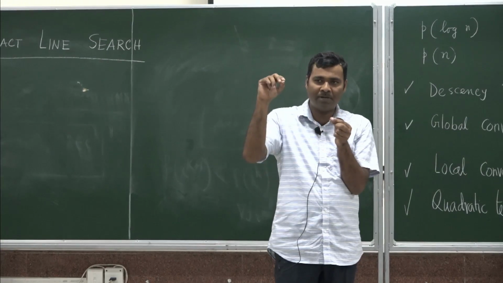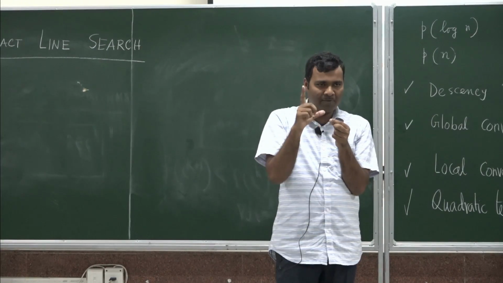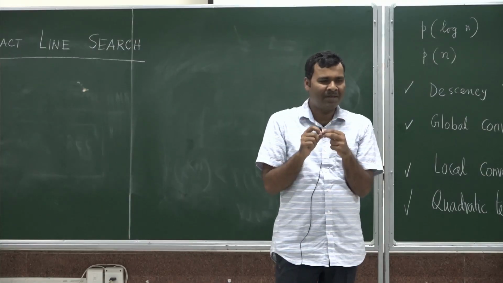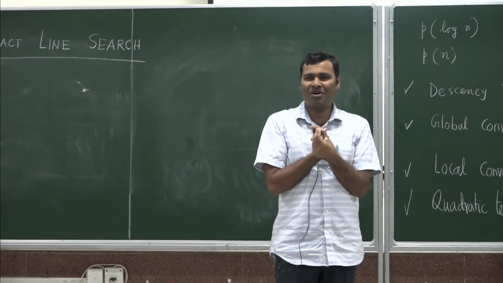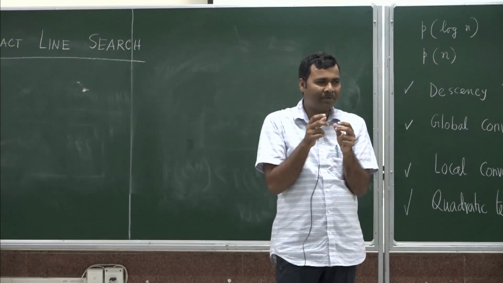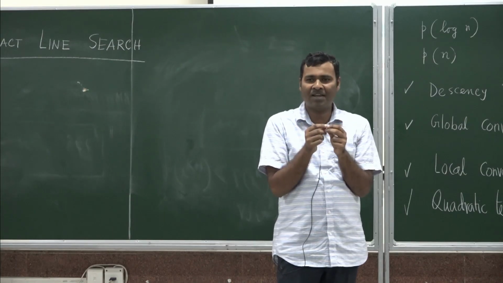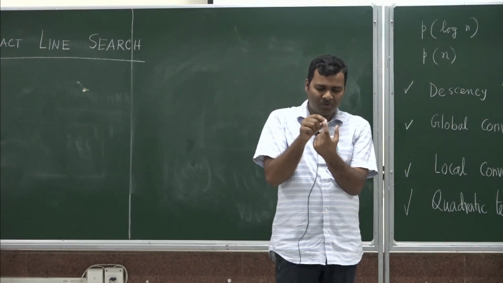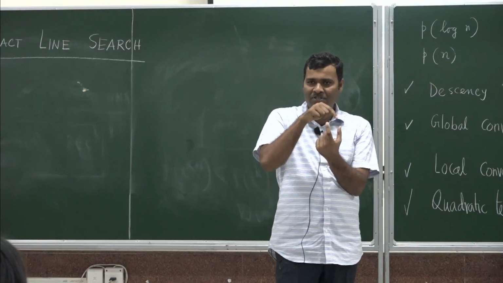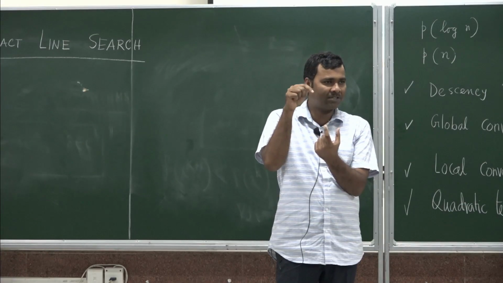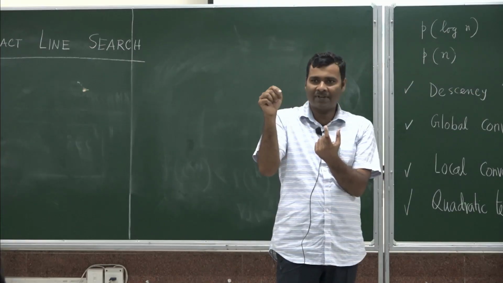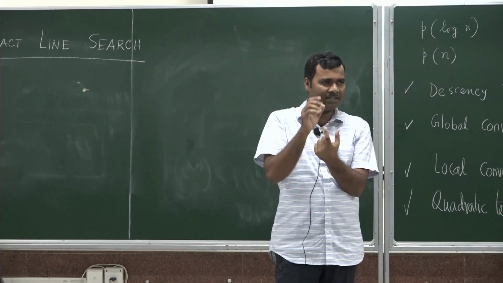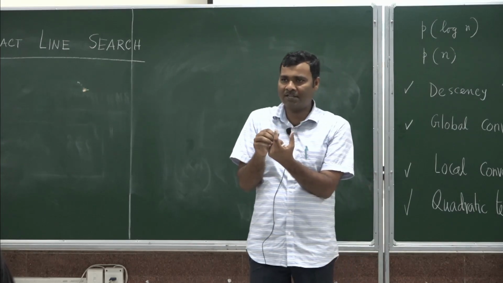I know once dk is chosen to be a descent direction, then you have one alpha k. If I am very pessimistic, I say let me take one alpha k, I know some amount of length is there in which the function f is descent, then f of xk plus alpha dk is less than f of xk for some alpha between 0 and alpha bar, because that is the definition of a descent direction dk, is it not?